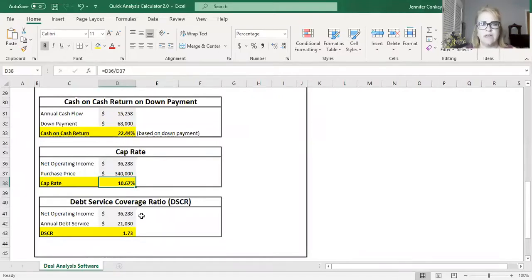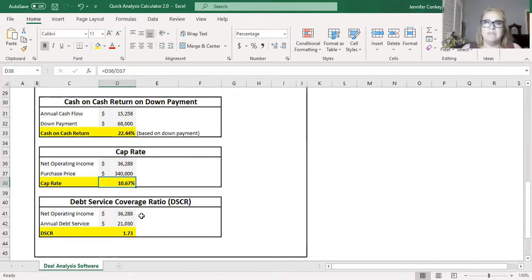When I did my most recent portfolio refinance, they said they would do it at a minimum of 1.2, but if I could hit 1.5, there was a whole bunch of different benefits. I think mine was at 1.7. So I had it cleared because I had a lot of cash flow with these properties.